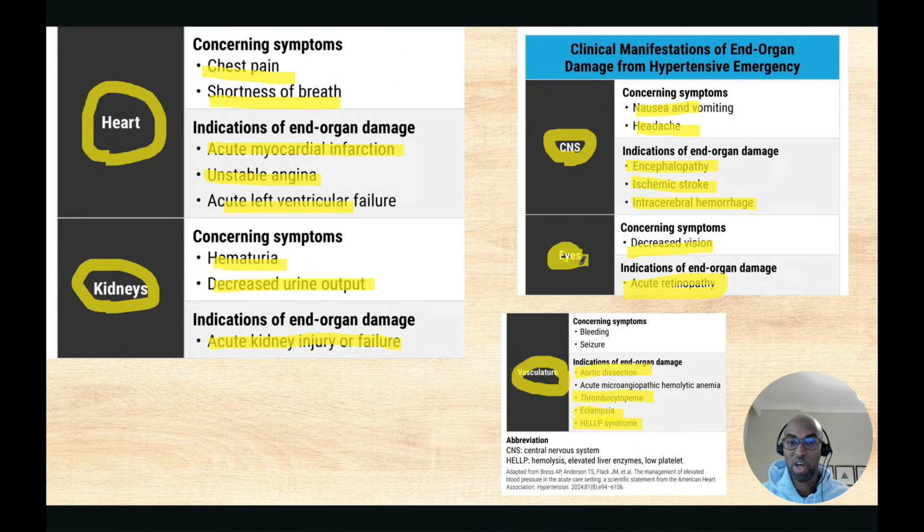We need to ask about any changes in vision, any chest pain or shortness of breath, and any changes in urine output or urine color. And definitely you have to look for evidence of aortic dissection and eclampsia.